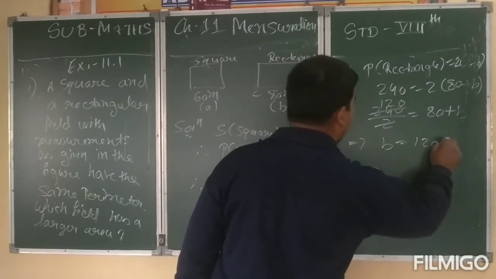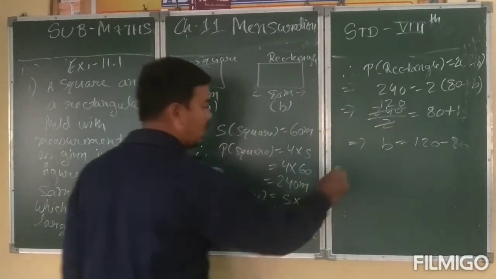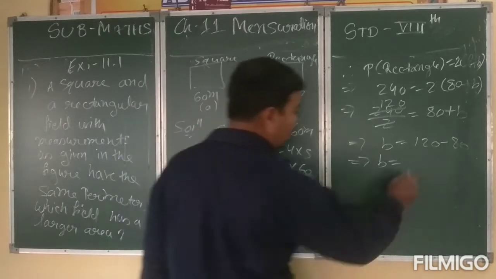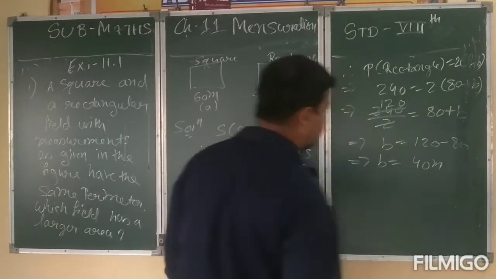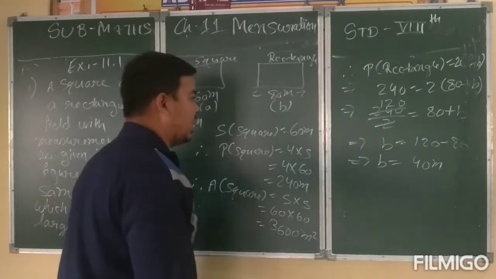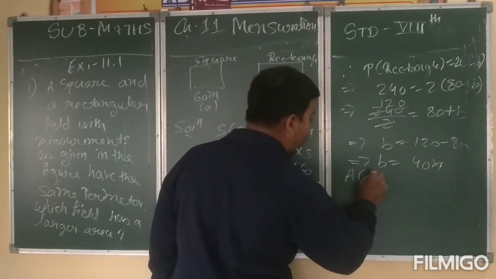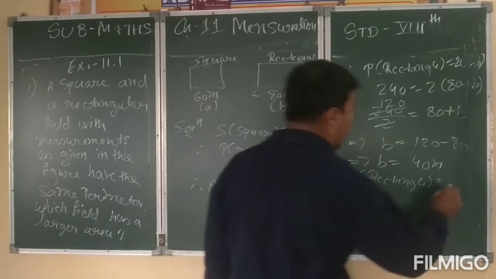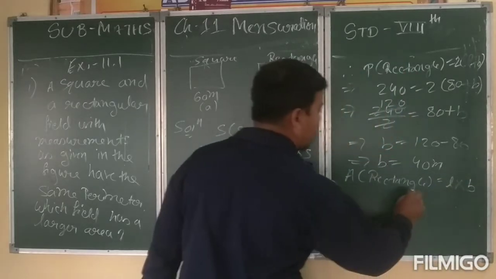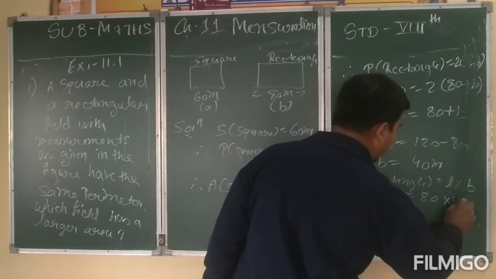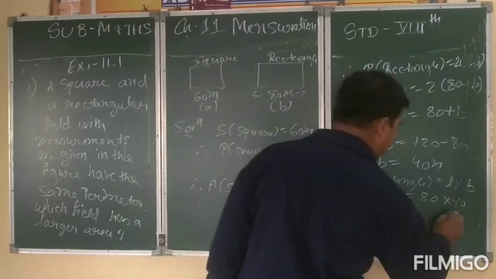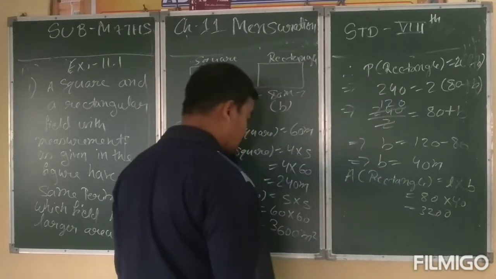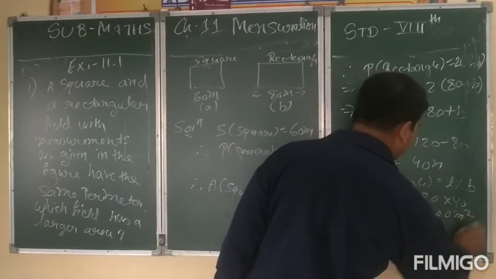Breadth is 120 minus 80, which is 40 meter. Now the area of the rectangle is L into B, 80 into 40, which is 3200 square meter.